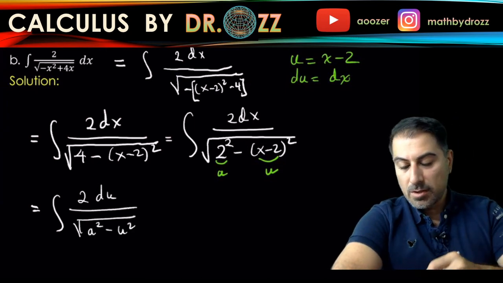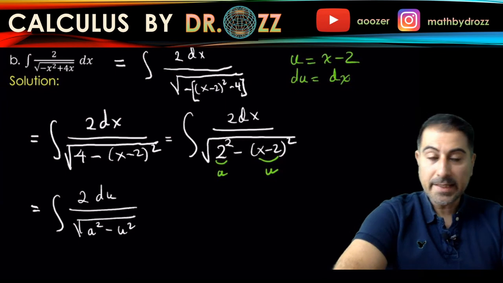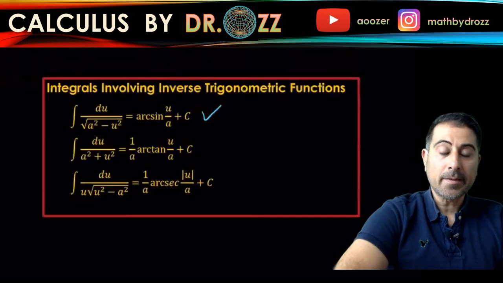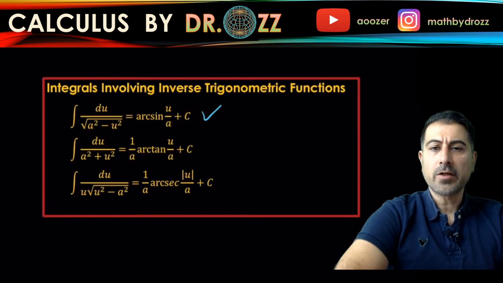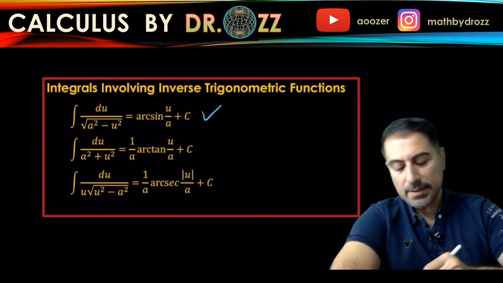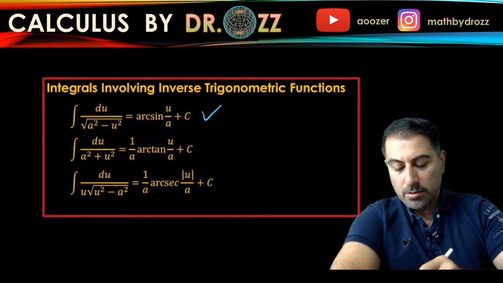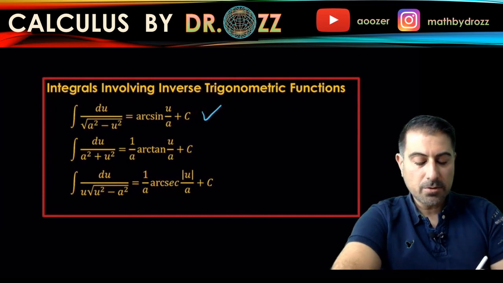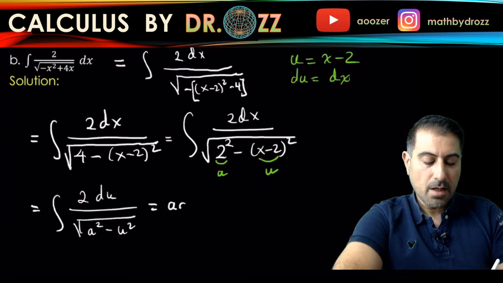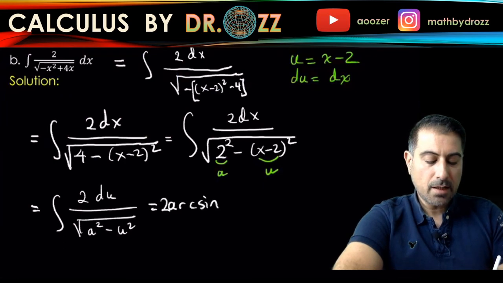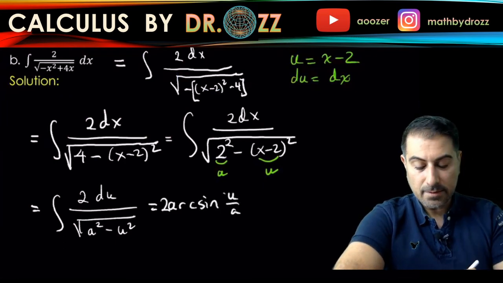Let me go back to the formula one more time to grab what this integral is equal to. It says arc sine of u over a plus c. So this is equal to 2 arc sine of u over a plus c, because I still have this 2 here.